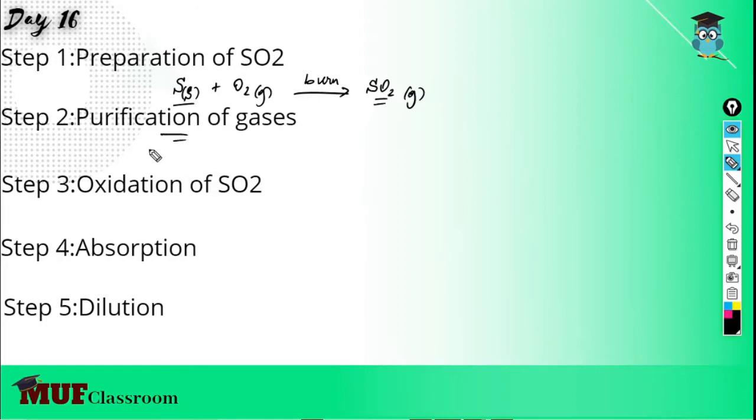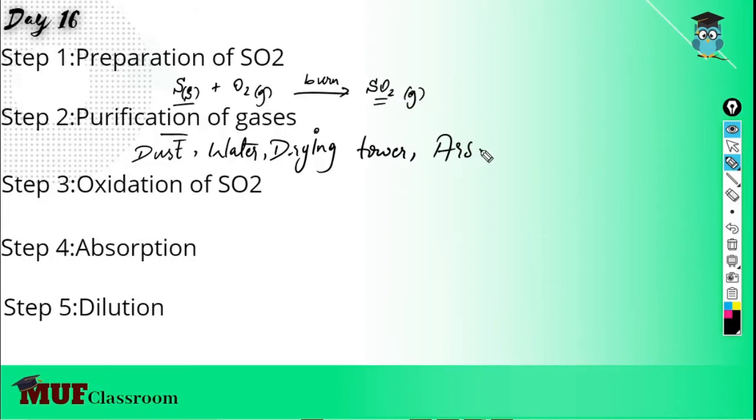As I told earlier, it passes through the dust chamber, then the water scrubber, then the drying tower, and then the arsenic purifier.